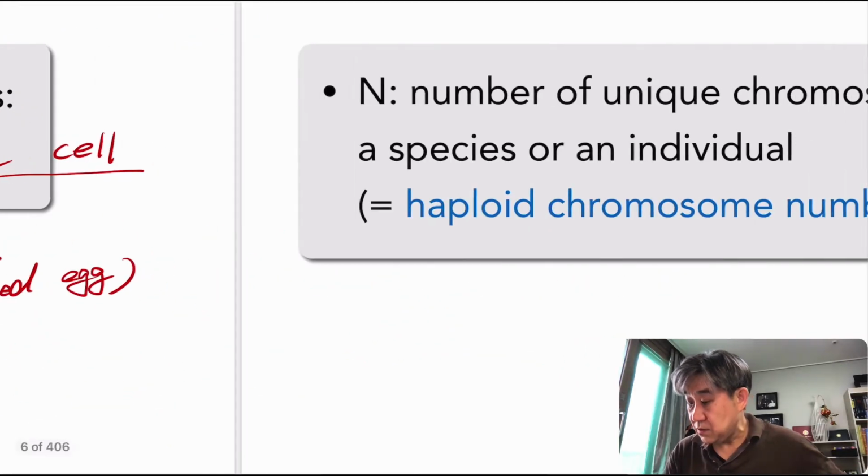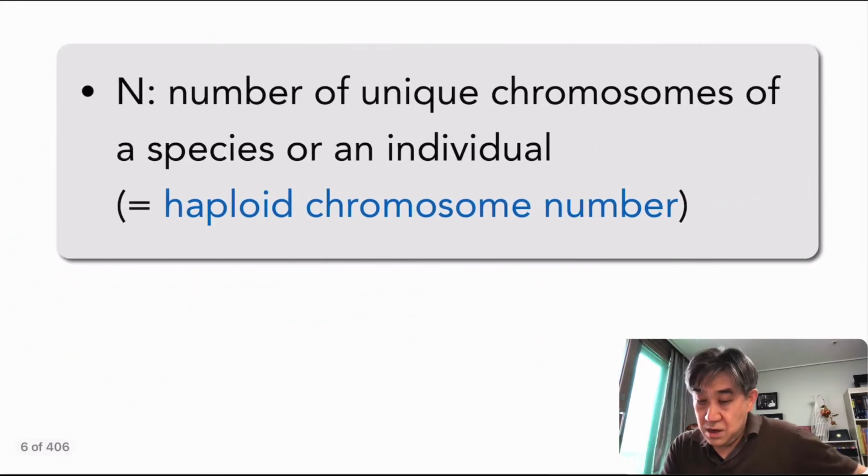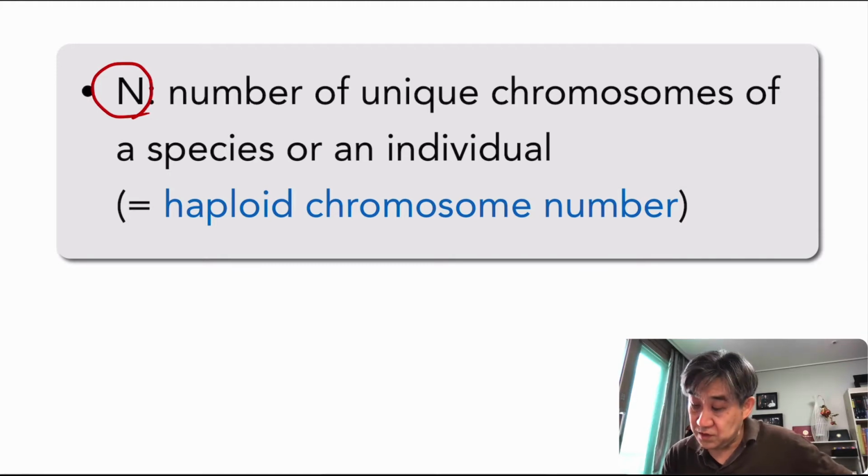In other words, n by definition is the number of unique chromosomes of a species, or of an individual that belongs to the particular species. So n can be considered equal to the haploid chromosome number.